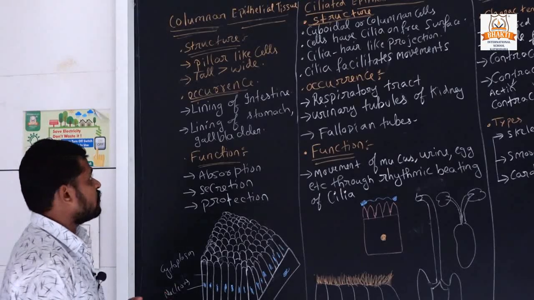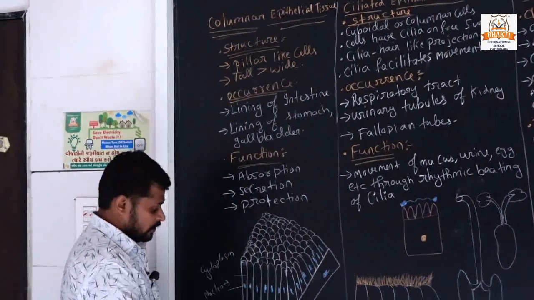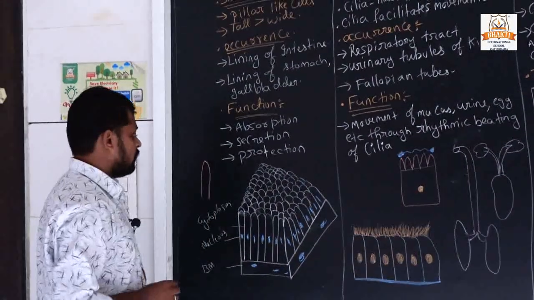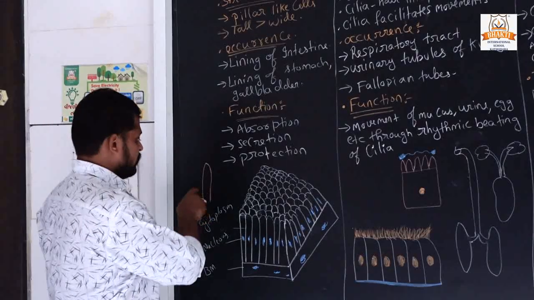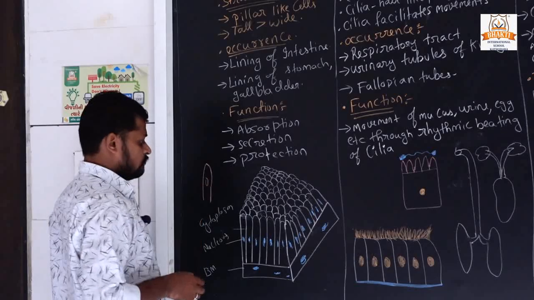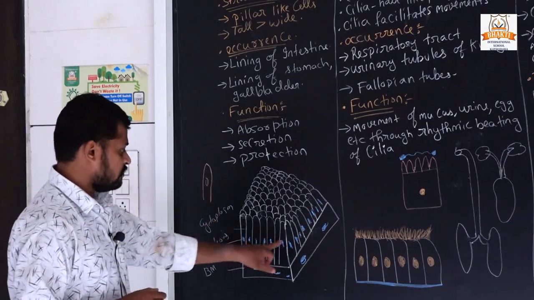It is a column like structure, like a pillar. These are column like cells, that's why it is called columnar tissue, in which one nucleus is present. It is very clearly seen.